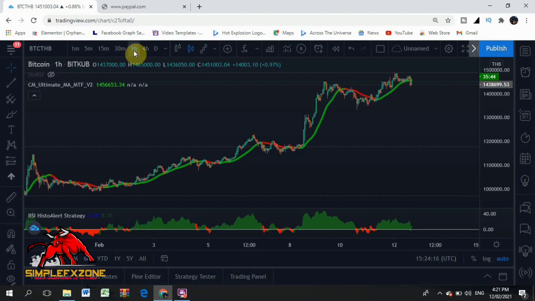But when you enter the trade, you will monitor it all through in 1 hour, because when you use 15 minutes, sometimes the signal that you get may be somehow rough. But when you go to 1 hour, the signal will be accurate, because the time frame is high.